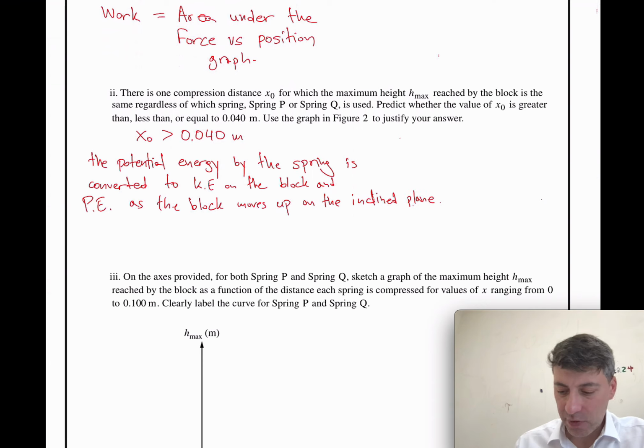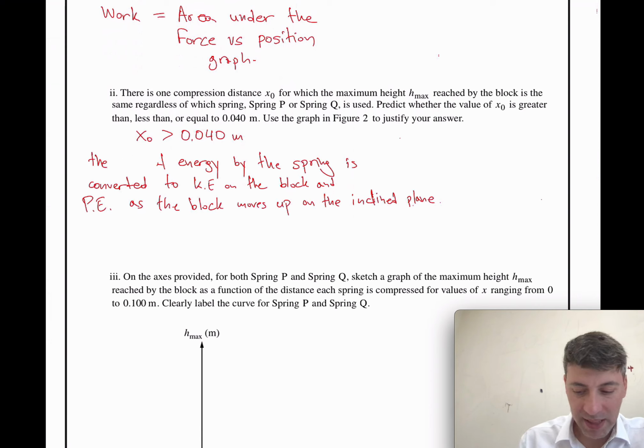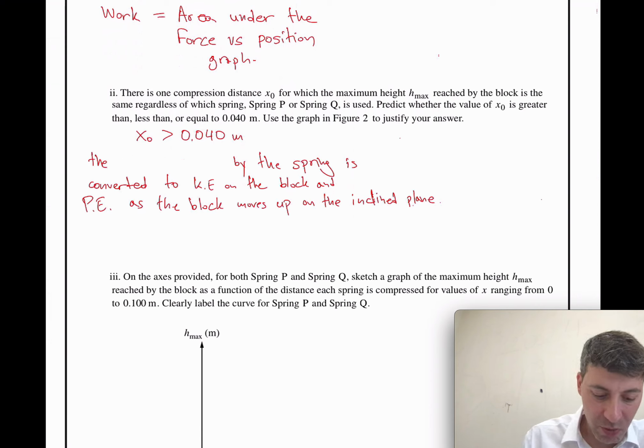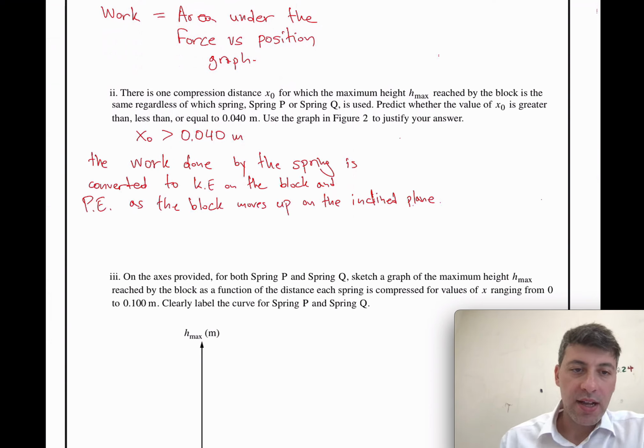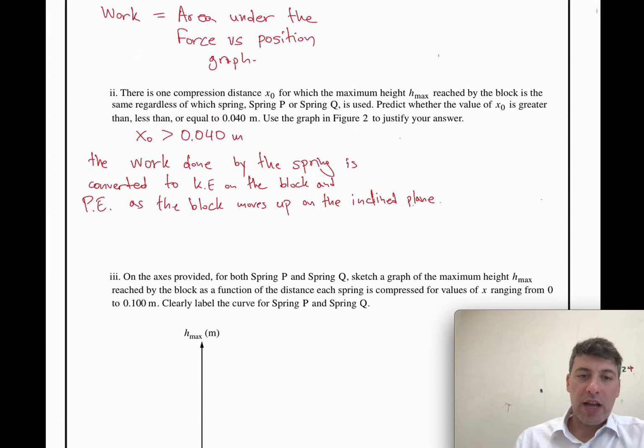Now in this case, instead of the potential energy by the spring, we would say the work by the spring, just to relate it with part B1. The work done by the spring on the block is converted to kinetic energy and then to potential energy.